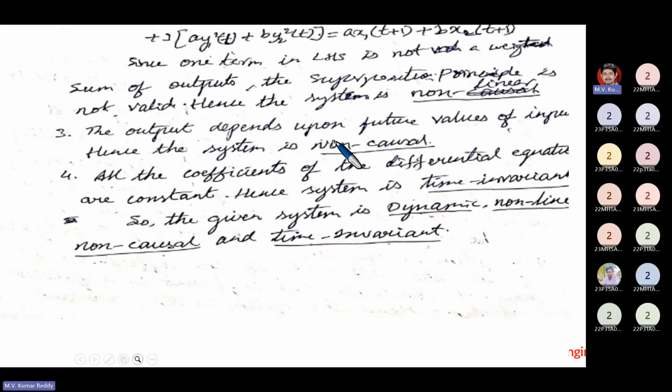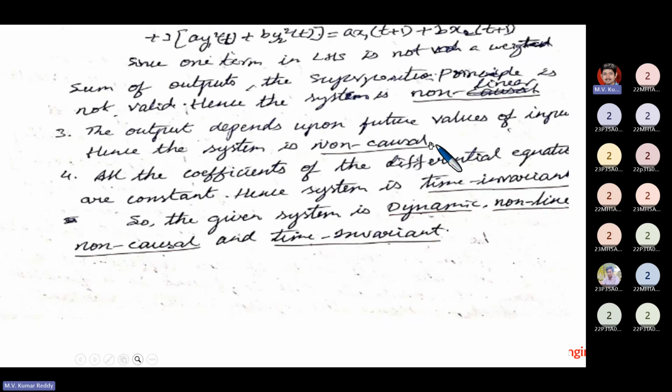But here for a system we will see the future values. We have seen what are past values, present values and future values. What are past values? x of t minus 1. What is the present value? x of t. What is the future value? x of t plus 1.